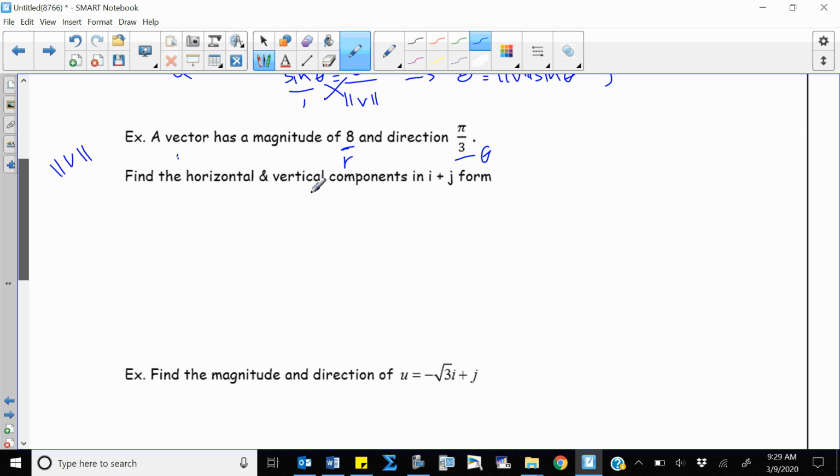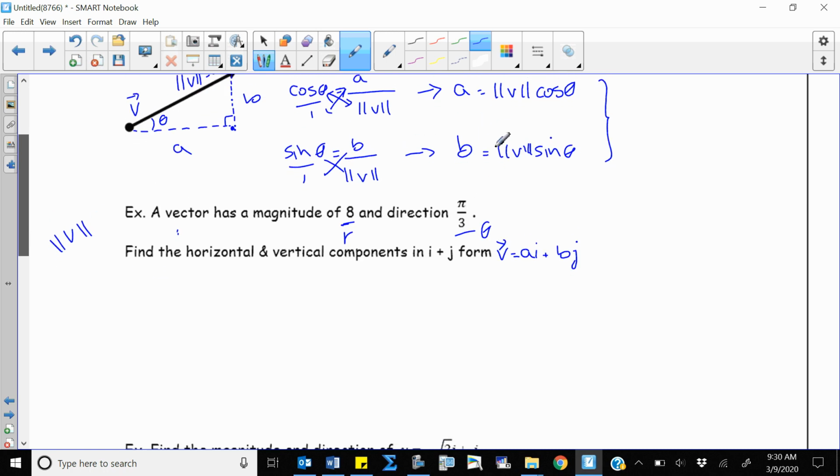Now we want to find the horizontal and vertical components in i plus j form. That means we are looking for a and b, and we want to write it in this form, ai plus bj. We just learned that there is a formula for them. If I have the magnitude and the theta, I can easily find the x and y components.